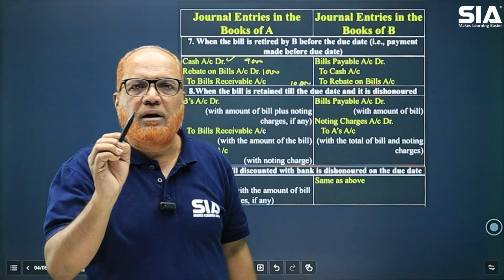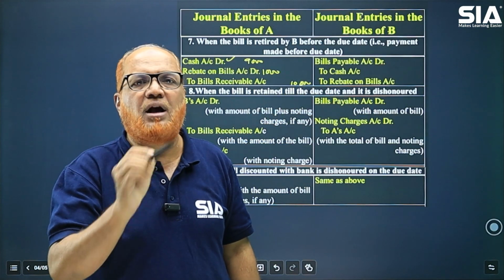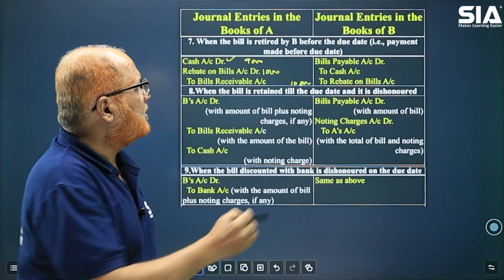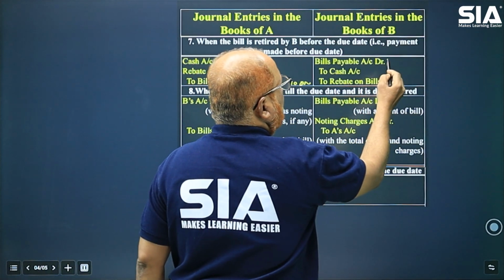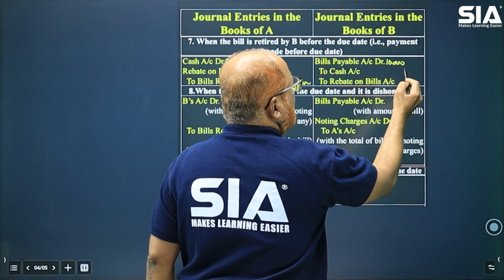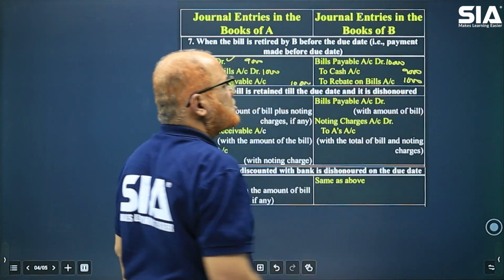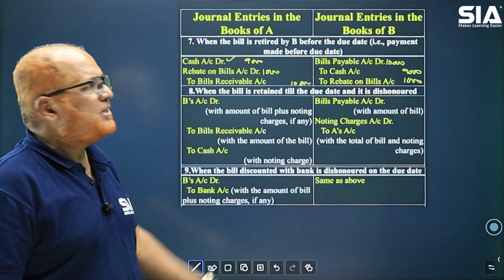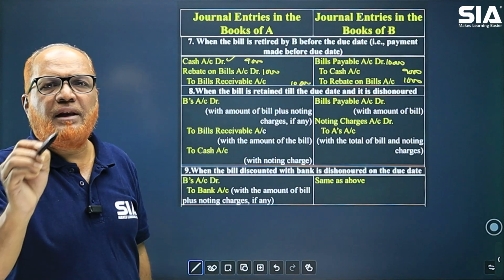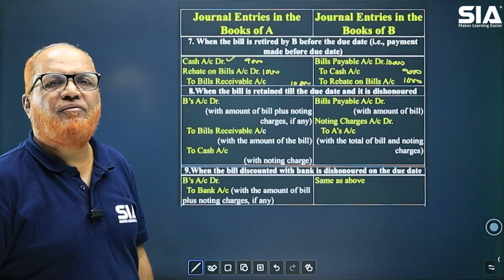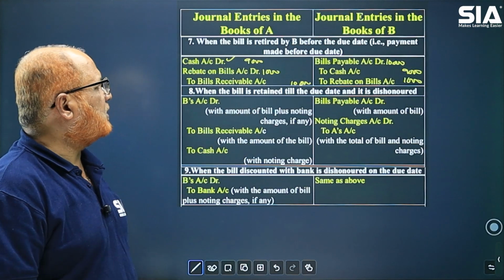For B, rebate on bills is an income, so it should be credited. See here, bills payable account debit 10,000, cash account 9,000, rebate on bills 1,000. That's all. This is the entry when the bill is retired before the maturity, before the due date.